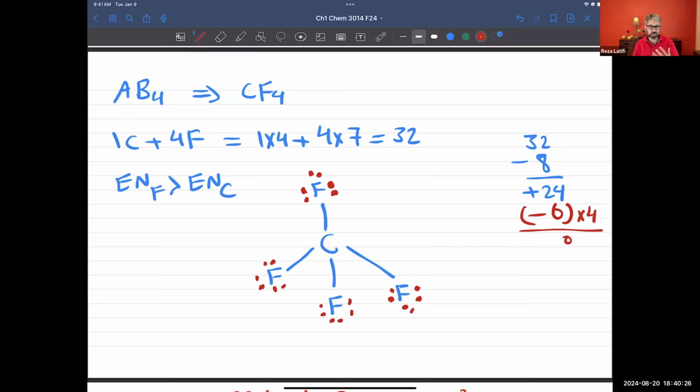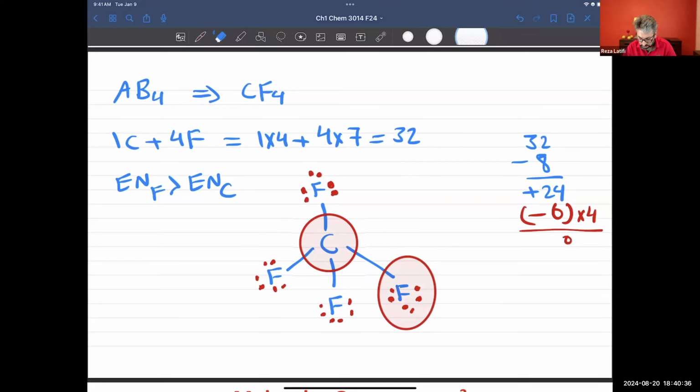Now if you check any fluorine or any carbon, you will find that they are octet. So for fluorine, I see 7 electrons. We made 1 sigma bond, so it is 8.